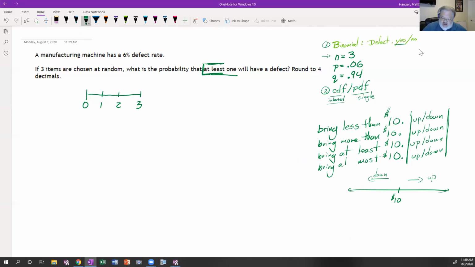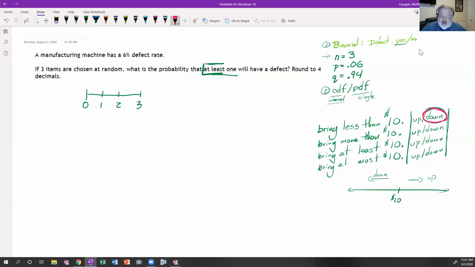Okay. Bring less than $10. Is less than $10 up the number line or down the number line? Down. Heard some very firm downs, and I will agree with down. And not including $10. Haven't gotten there yet. Don't jump the gun. You're right, but haven't gotten there yet.